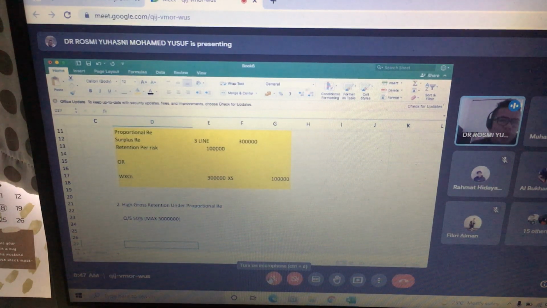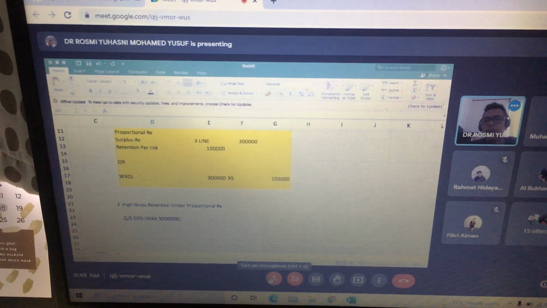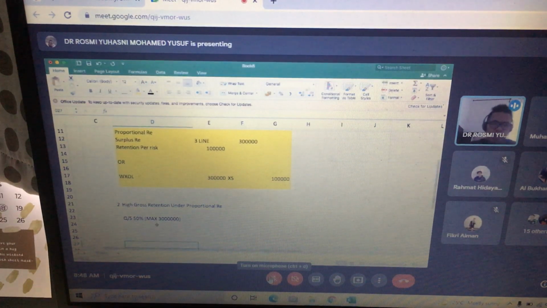Given that it is 50%, how much is retained? In terms of percentage, how much is retained by the ceding company? Afid pula dah. Saya selalu lupa nama dia. Amir, sorry. Amir, given that it is 50% QS, how much is retained by the ceding company?